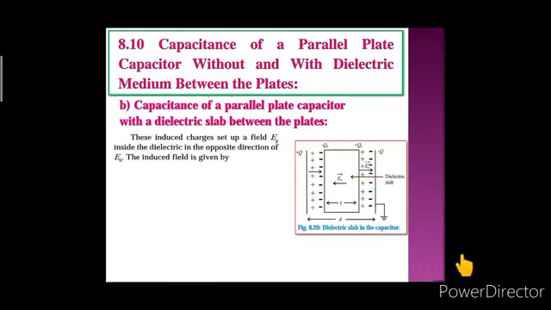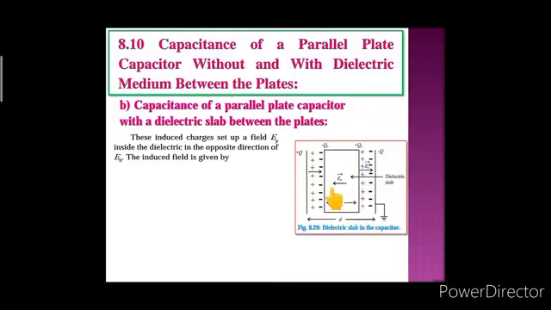Then here these induced charges, that is minus QP and plus QP, will set up the electric field EP, that is the polarization will give the electric field EP inside the dielectric whose direction is opposite to the direction of E0, as due to the induced charges minus QP on the left side of the dielectric slab and plus QP on the right side of the dielectric slab.